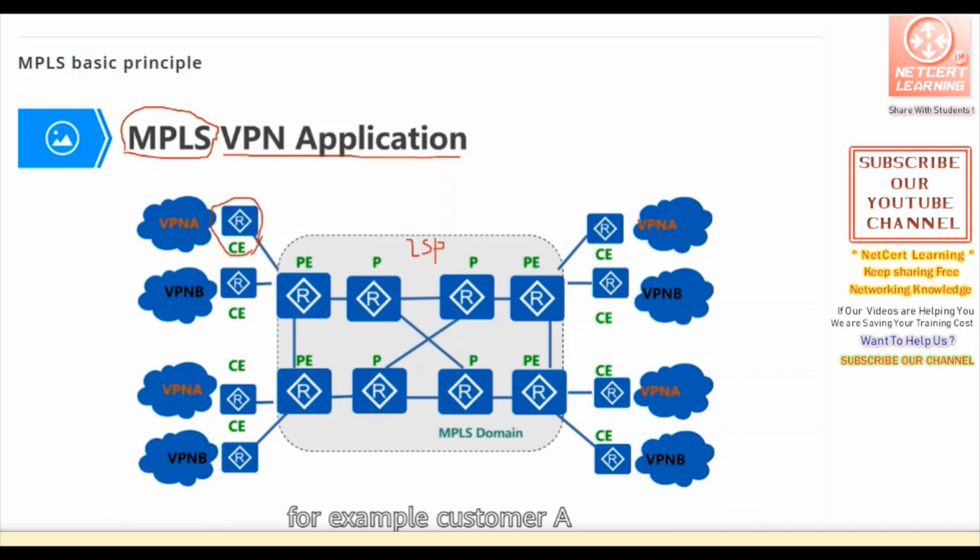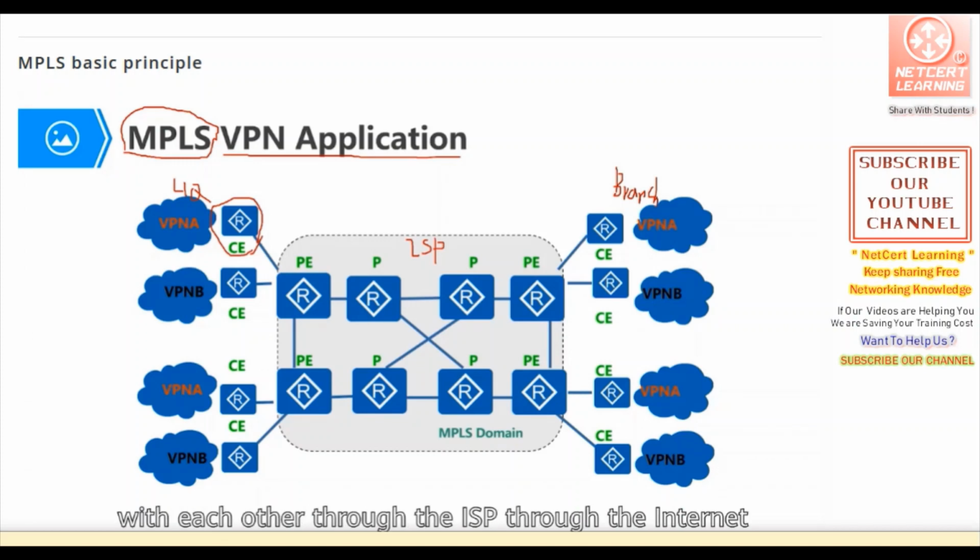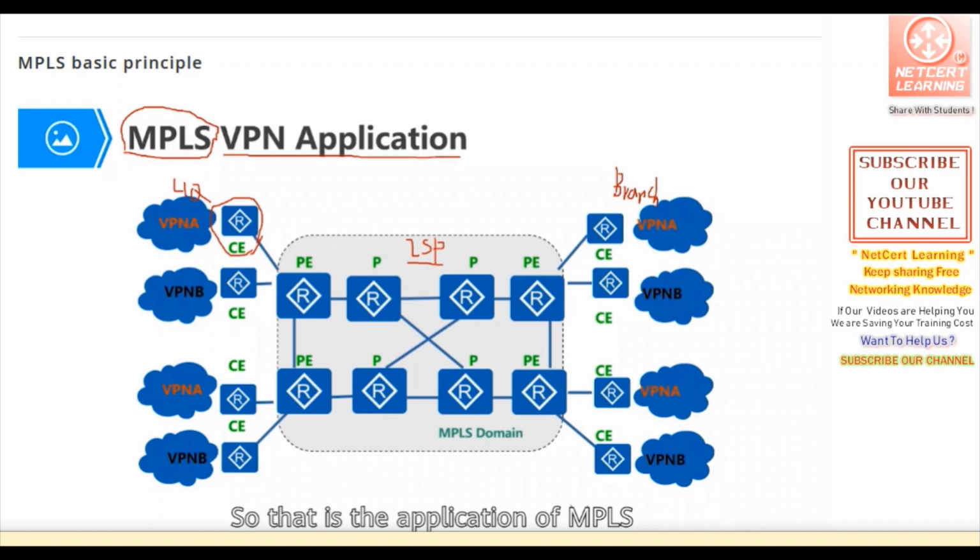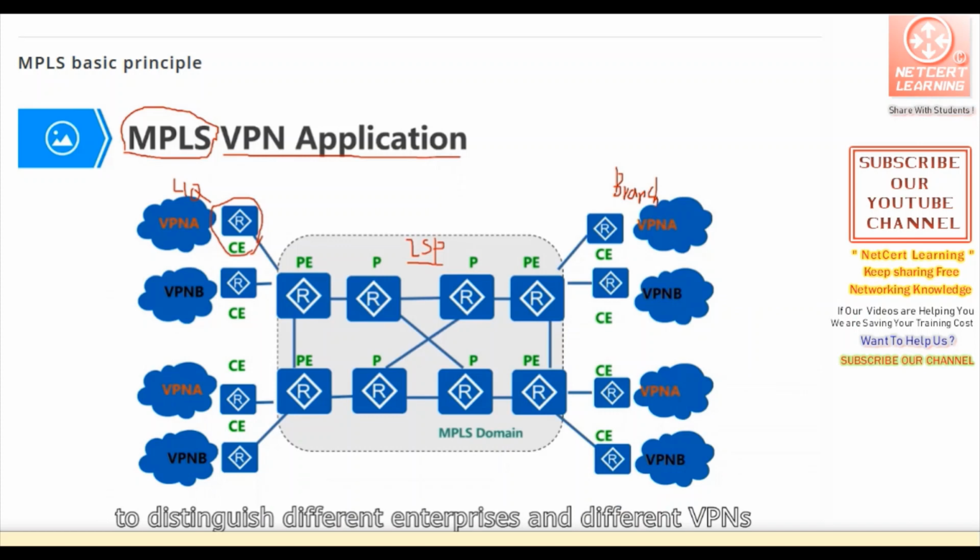For example, this is the headquarter of customer A, and this is a branch of customer A. They need to communicate with each other through the ISP, through the internet. So they will purchase the MPLS VPN from the ISP. That is the application of MPLS, and we can use MPLS VPN to distinguish different enterprises and different VPNs.